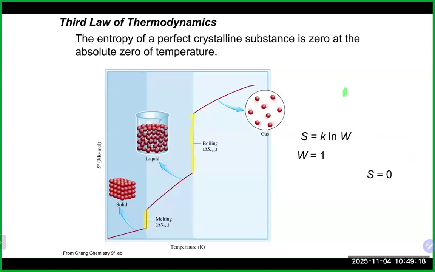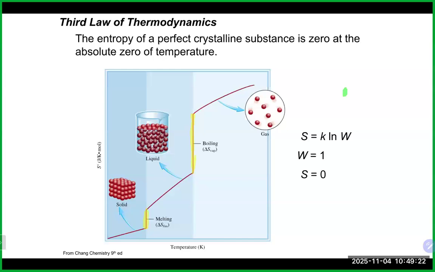So, as we talked about before, the third law of thermodynamics is that the entropy of a perfect crystal substance is zero at absolute zero temperature. So clearly, if you're making a perfect crystal, there should only be one way of doing that. And that would again give us our W that is equal to 1 and our entropy that is equal to 0.